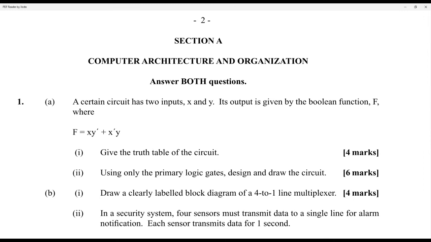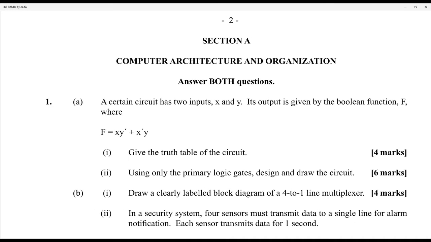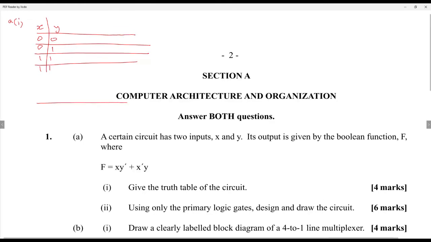Alright, the truth table would be, so we have x and y, normal layout: 0 0, 0 1, 1 0, 1 1. Those are always your 4 possible inputs. Alright, so we have to figure out what is x and not y.